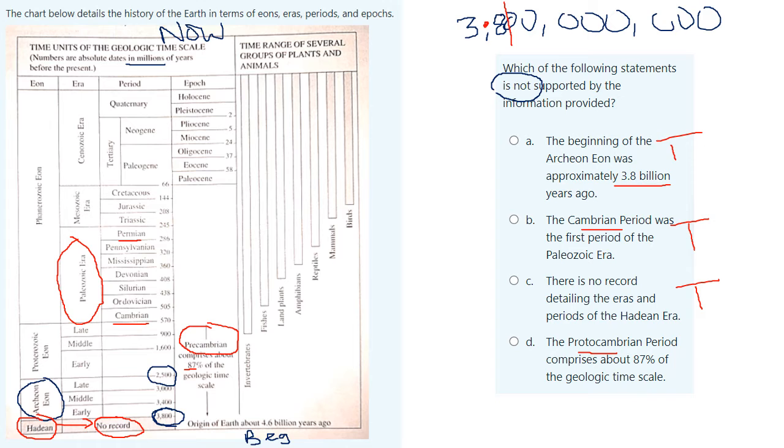The Precambrian, it does not say Proto-Cambrian. So D is not given or false. It is not supported. So D is the correct answer. For a question like this, you need to go through carefully and make sure that you check if each answer is true, false, or not given.